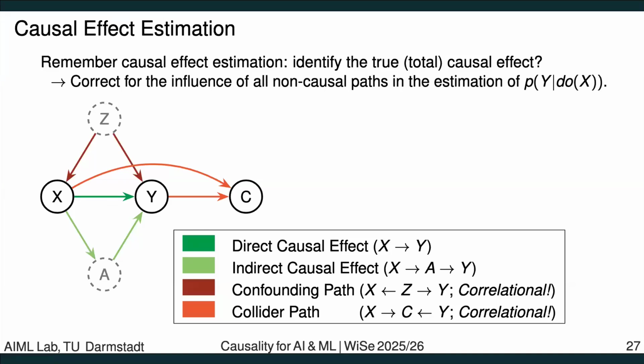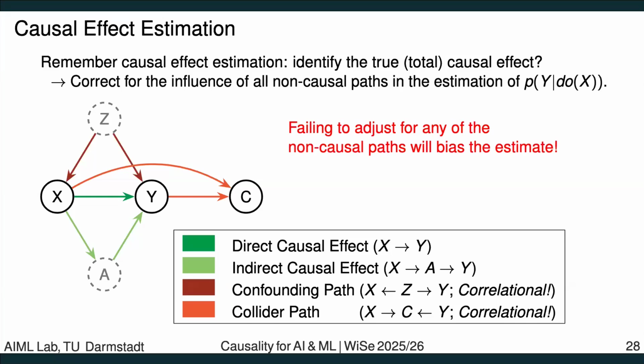But direct causal and indirect causal effects are those ones we are interested in, and we want to correct for or exclude all the other paths that are non-causal. Again, failing to adjust for those will give us some biased estimate.